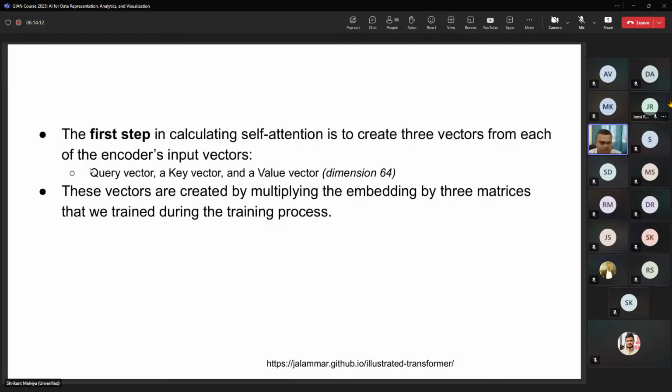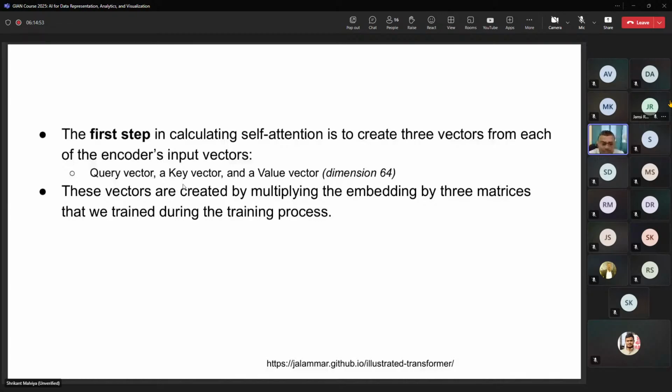You can understand the query vector as asking something: I have this query, and there is a dictionary consisting of keys and values. The query will attend to the key vector by dot product to identify how much a particular vector needs to be attended to. So query and key together give the probability, the weight by which a particular word will be attended to by the current word.